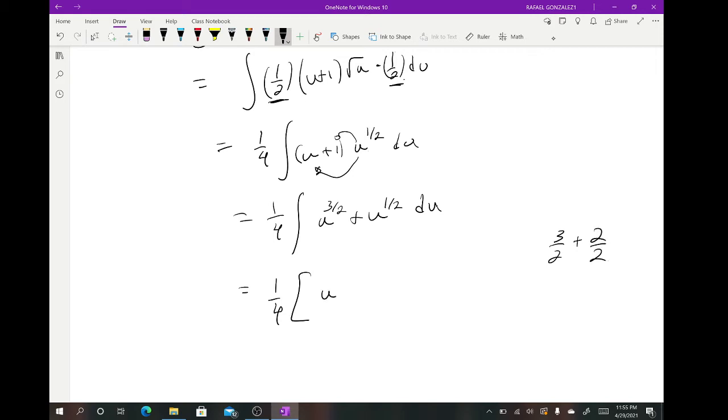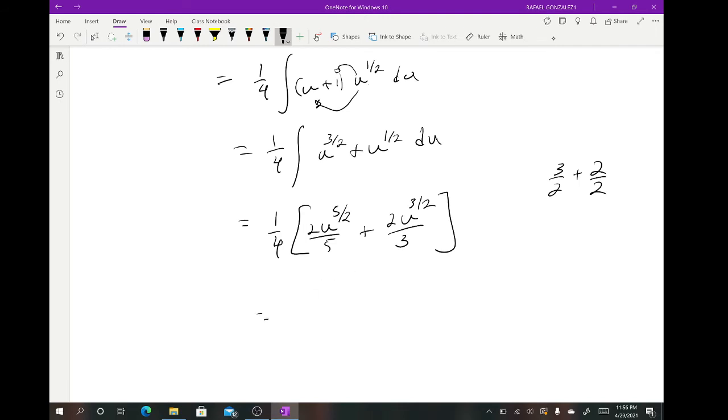So you're going to have u to the 5 over 2 times 2 over 5. Remember, just multiply the reciprocal, plus 2u to the 3/2 over 3. We have done this one a lot, so you should know that by now. And now, remember, plus c because it's an indefinite integral.